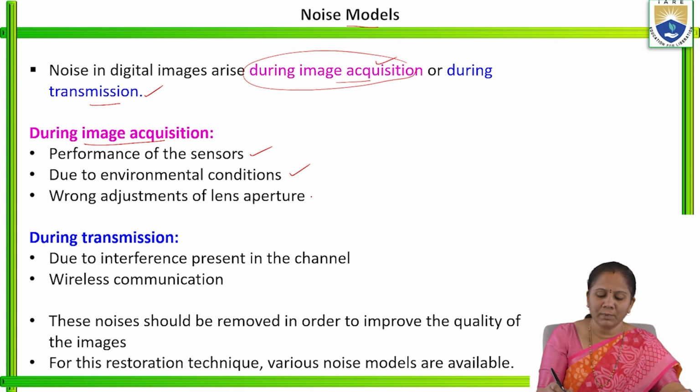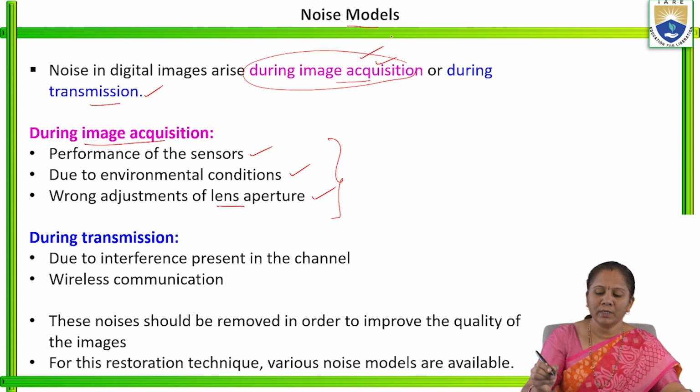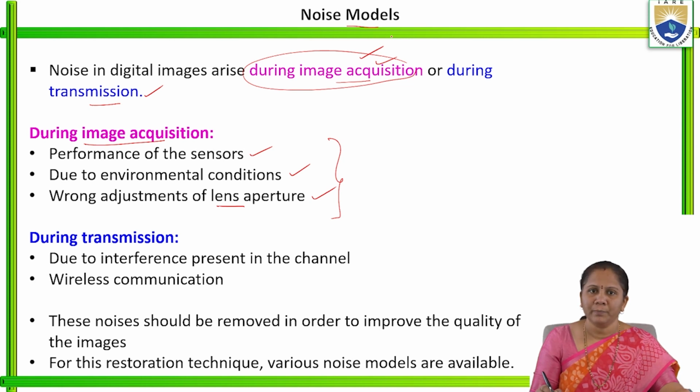Another reason may be wrong adjustment of lens apertures. That means inside the camera there may be a lens problem, and the lens may not be placed properly. Due to all these reasons, noise may be added to the image during image acquisition.